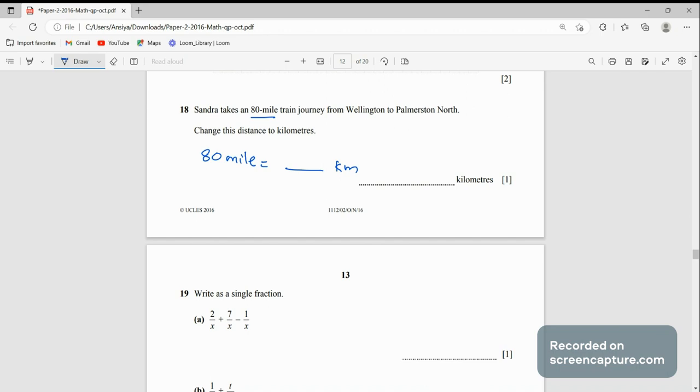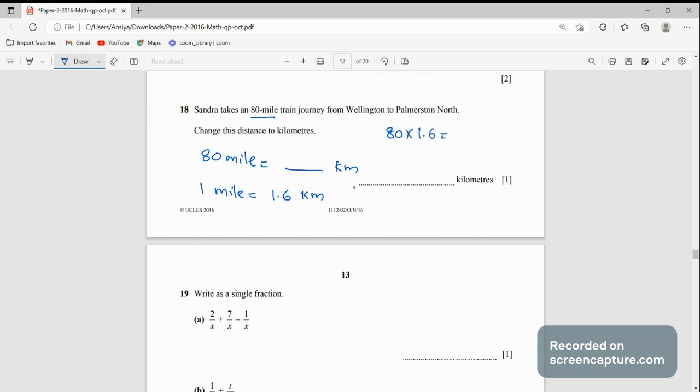Usually we do meter, centimeter, kilometer, milliliter, everything. We have never seen mile, right? So you should know that. So 1 mile, please note this down in the book: 1 mile equals 1.6 kilometer. If you don't know, please note it down. So 80 miles equals, how will we find out? Multiply them. 80 multiply 1.6.